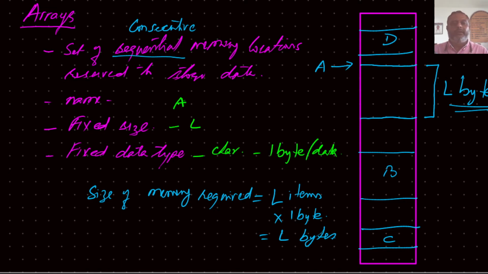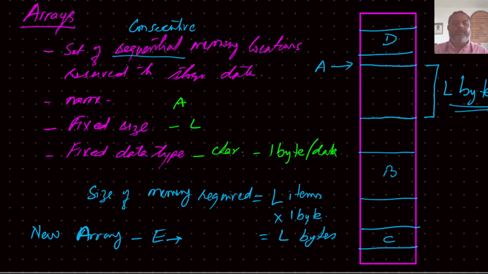Now, when we want to add a new array to our memory, say E, we need to find out the size, how many entries are there in the array, and what type of entries are there. If it is character, then 1 byte per entry is required.